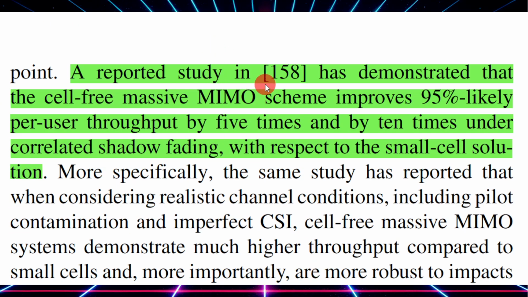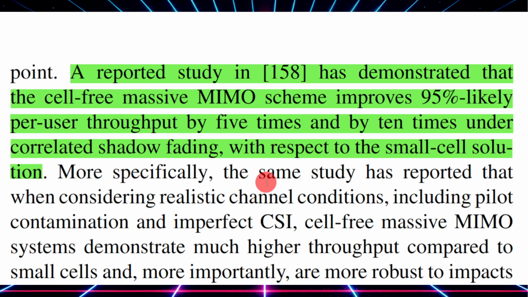A reported study has demonstrated that the cell-free massive MIMO scheme improves 95% likely per user throughput by 5 times, and by 10 times under correlated shadow fading, with respect to the small cell solutions.